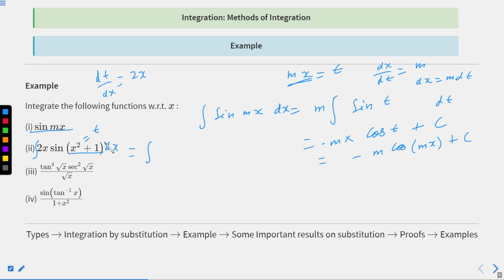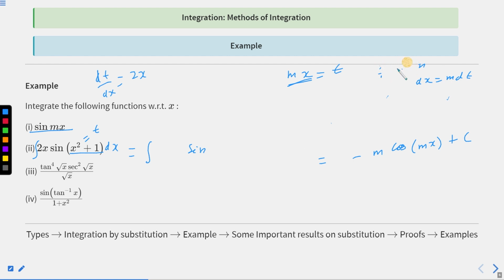So your expression will now be reduced to this. The answer for this will be as written over here with this respective substitution. Okay, clear?